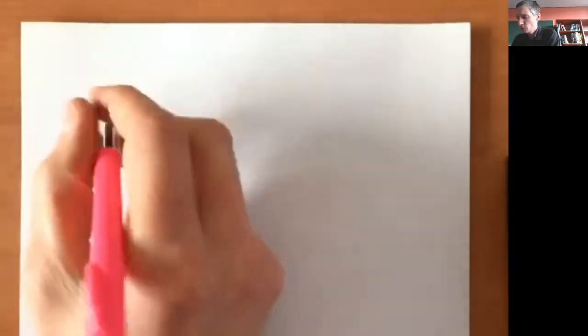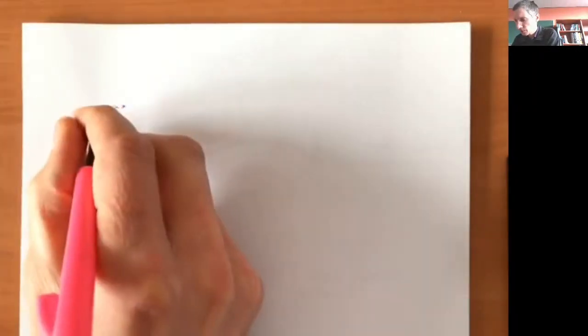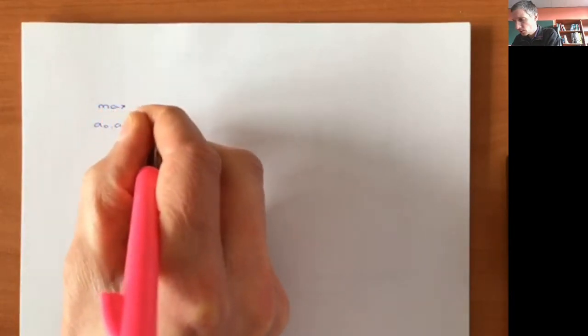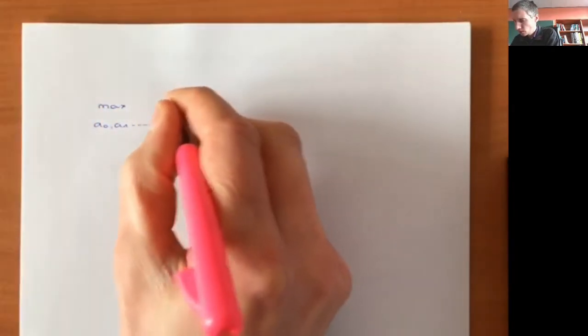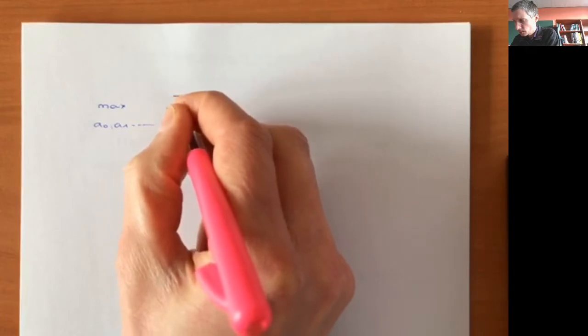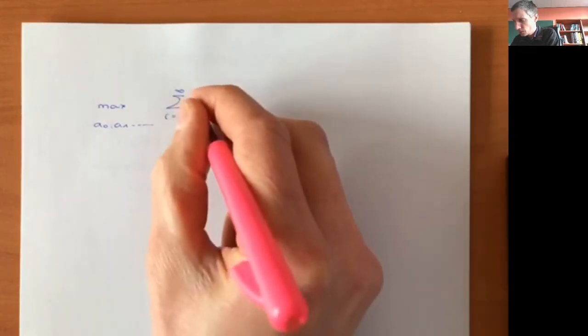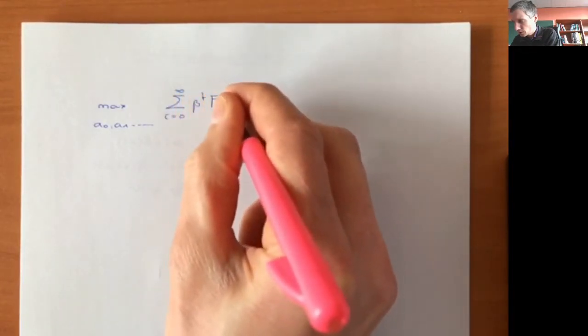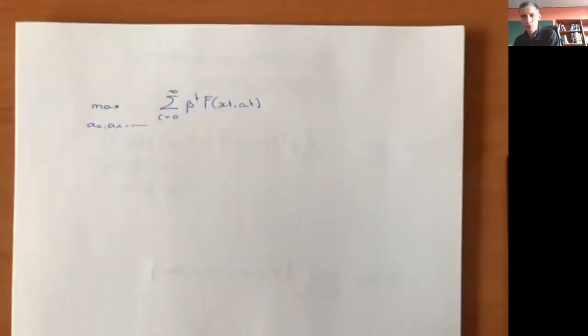Okay, so remember our infinite horizon dynamic optimization problem. We're maximizing over a sequence of actions a0, a1, and so on, the sum from t equals 0 to infinity of beta to the power t f(xt, at). And then there are a couple of constraints.